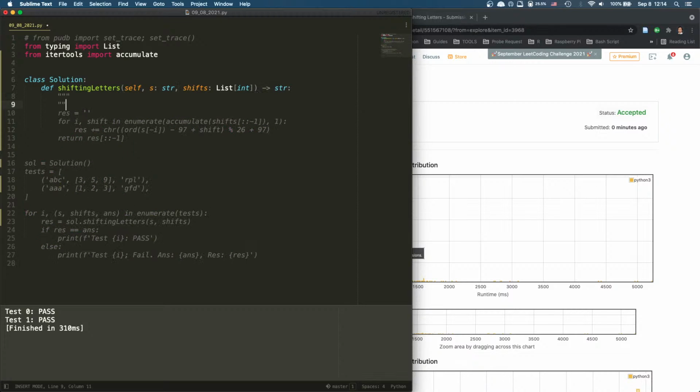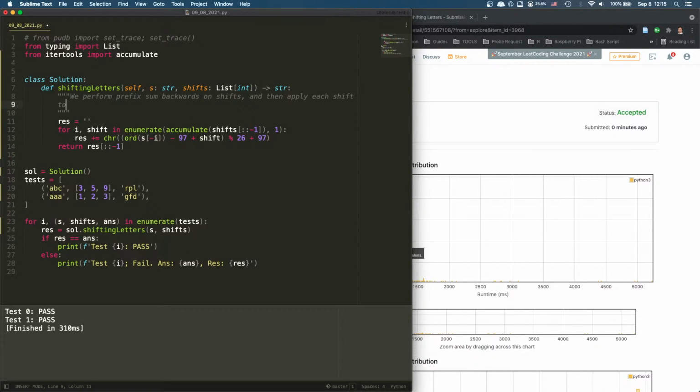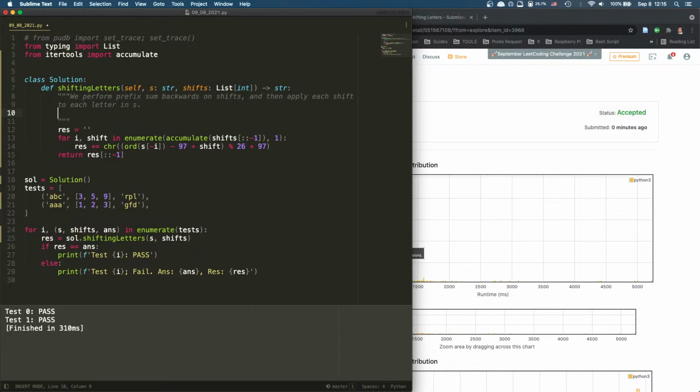So maybe this is quite naive, right? Quite naive. So we perform prefix sum backwards on shifts, then apply each shift to each letter in S. That's it.